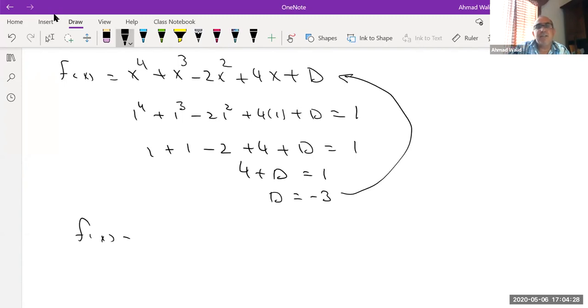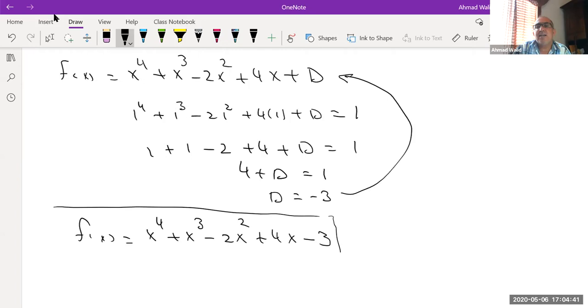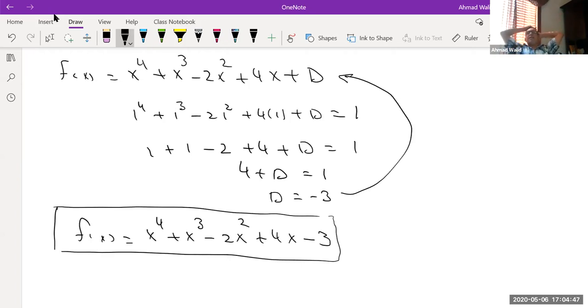Then f of x equals x to the power of 4 plus x cubed minus 2x squared plus 4x minus 3 is the particular antiderivative of that second derivative function that I gave you at the beginning.